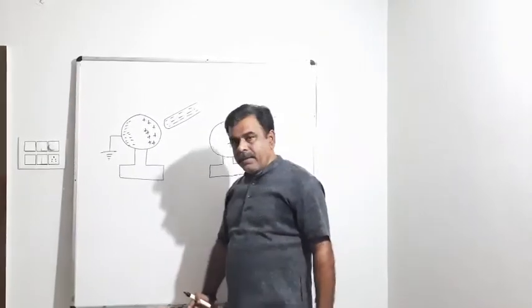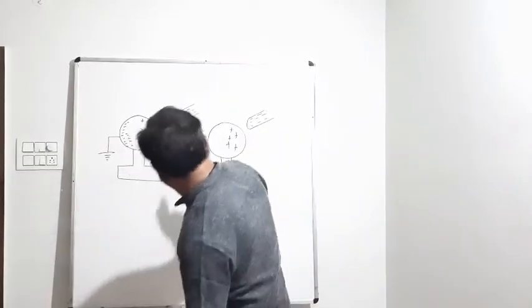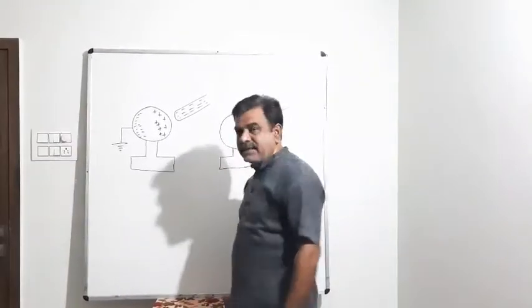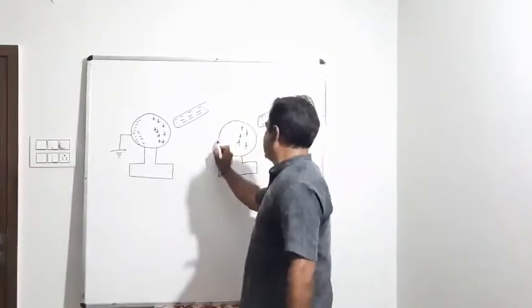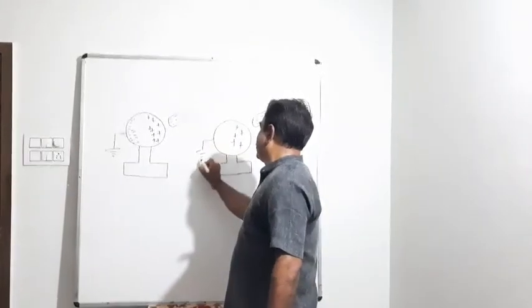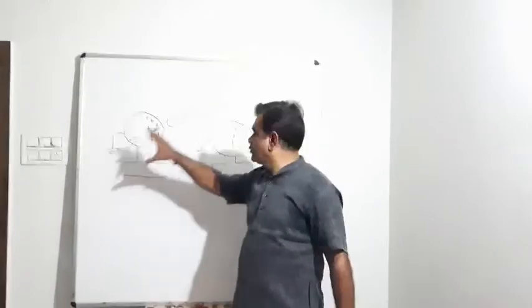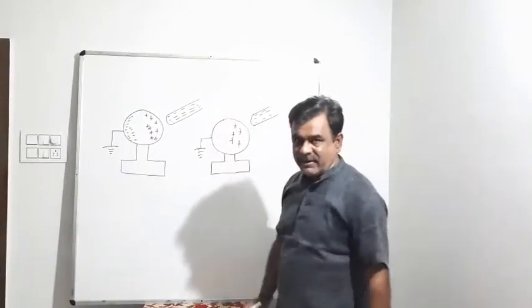Some of the electrons have flown out, so this sphere is behaving like positively charged.